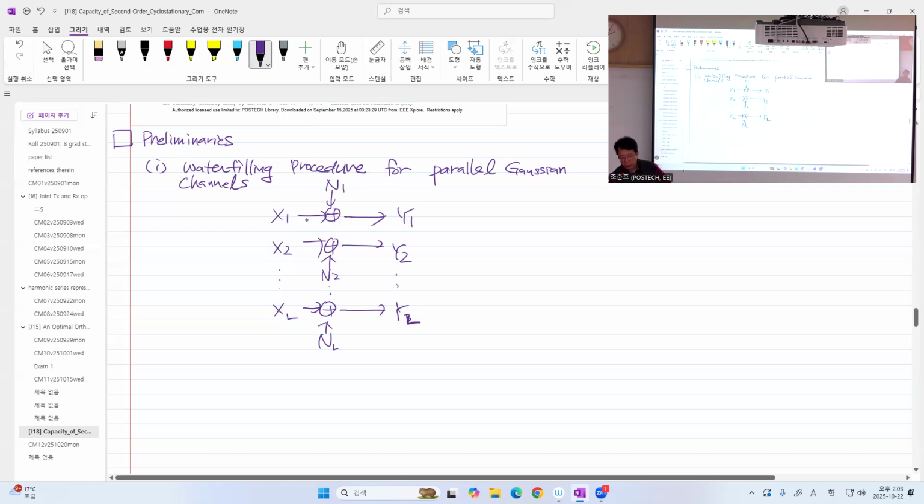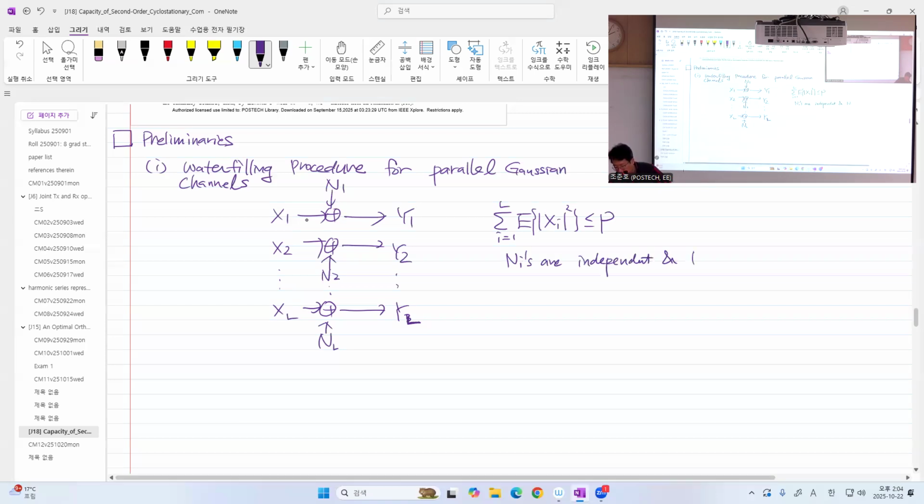Our assumption is that the total power is less than or equal to P, and the Ni's are independent, and each Ni is complex Gaussian with mean 0 and variance sigma i squared. And we assume these sigma i squared are all positive.